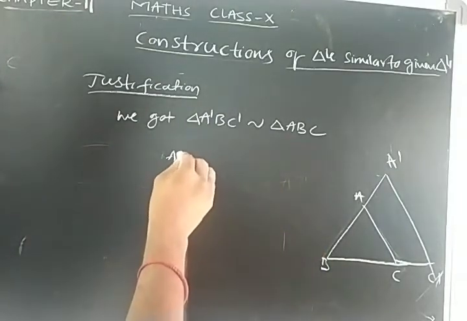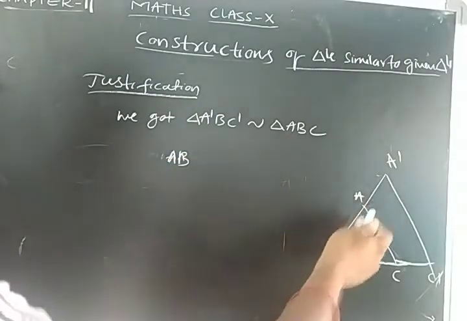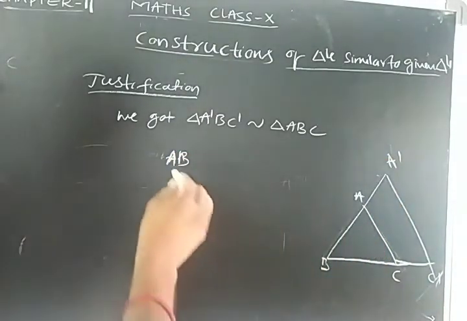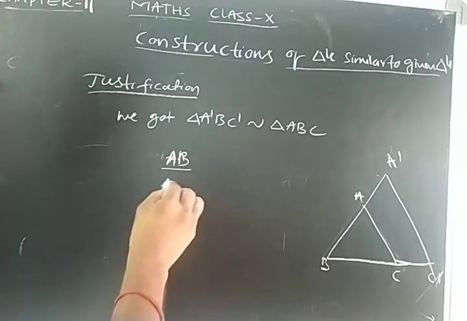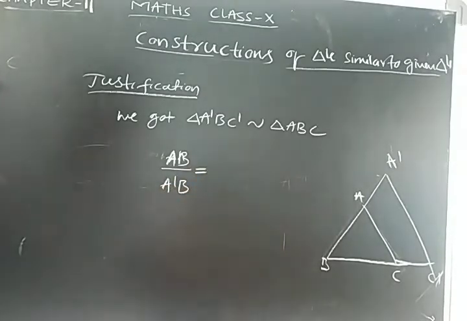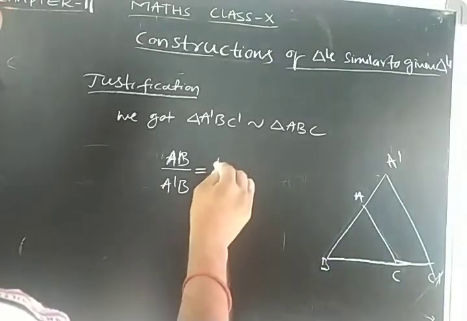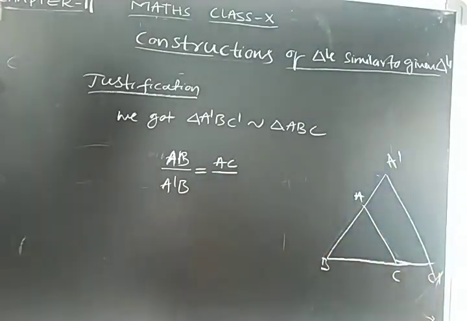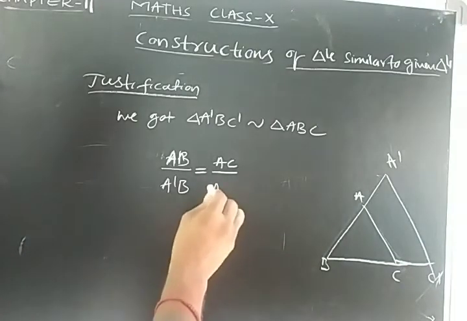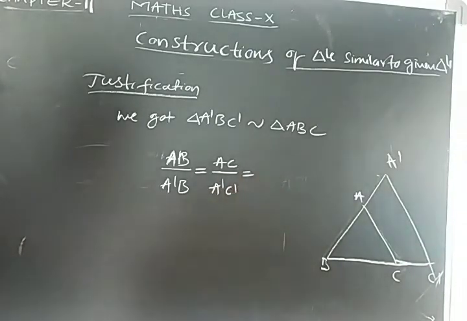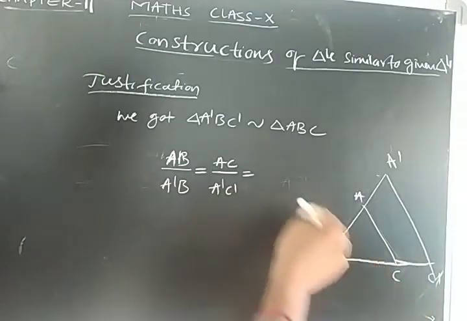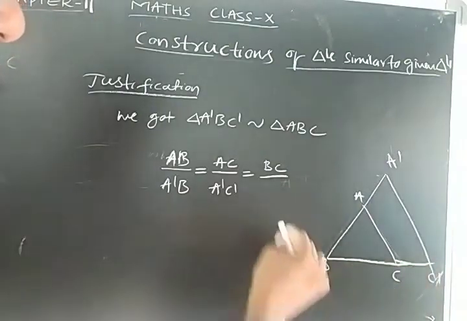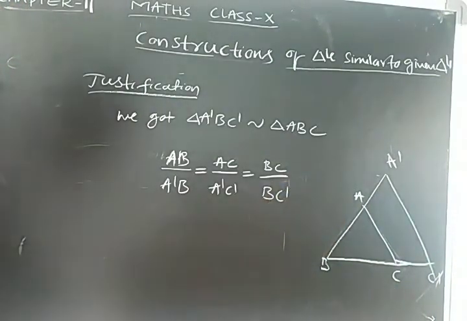If I take AB of the given triangle, the corresponding side of the newly constructed triangle is A dash B. If I take AC, the corresponding side is A dash C dash. If I take BC, the corresponding side is BC dash.